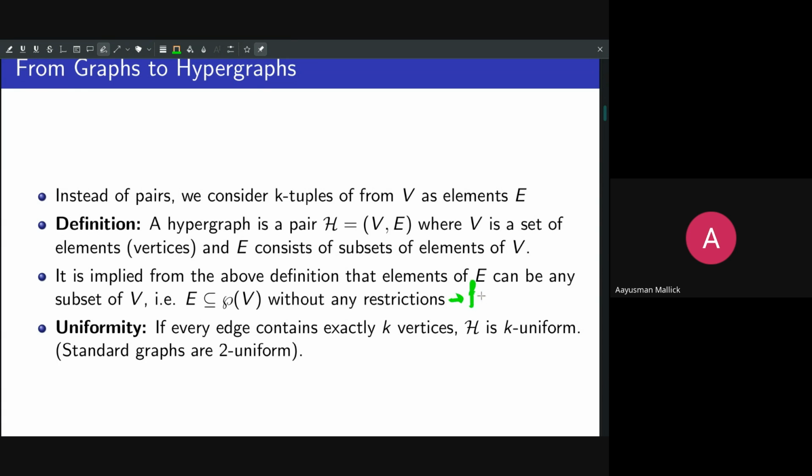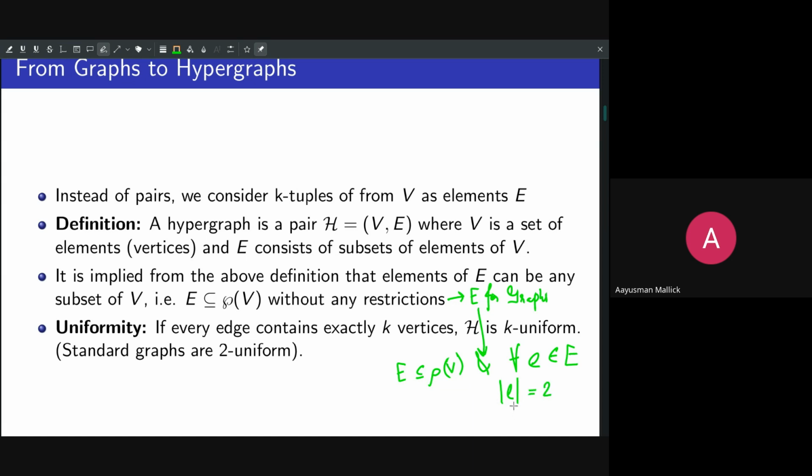Like for graphs, the set of edges would surely have been a subset of the power set of V with an additional restriction that for every edge belonging to the edge set, its size is 2.